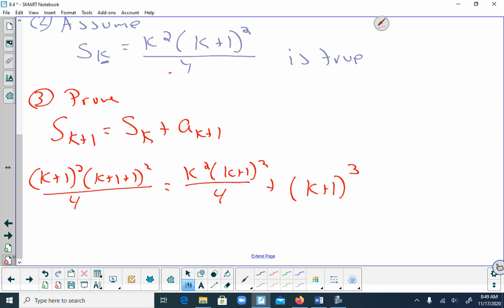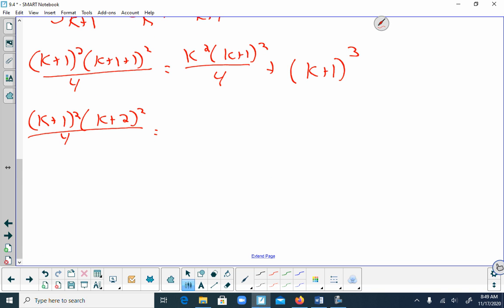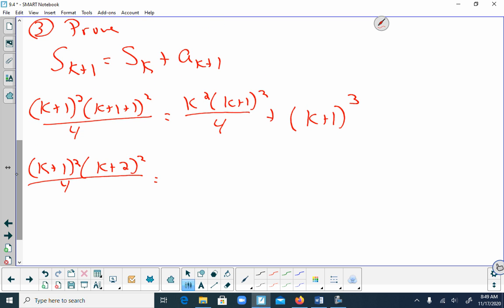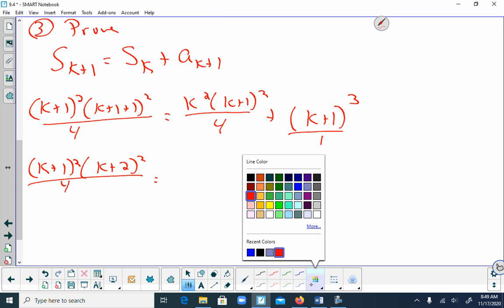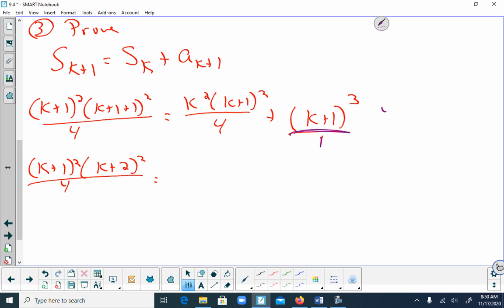So here I'm going to simplify, and I'm going to have (k plus 1) squared and then (k plus 2) squared all over 4. And then this side, I'm going to put that over 4 if you don't mind. This is over 1, so I'm going to make that 4 over 4.